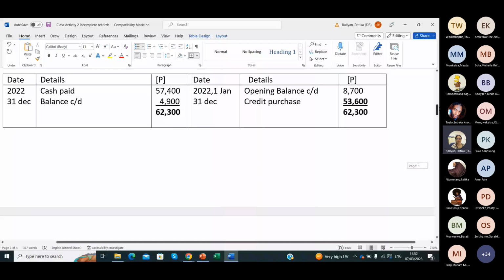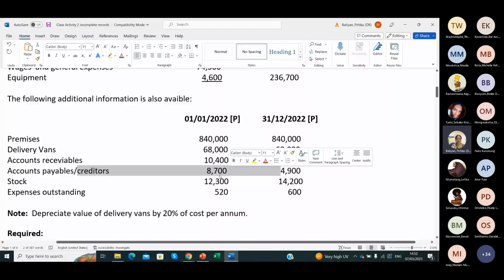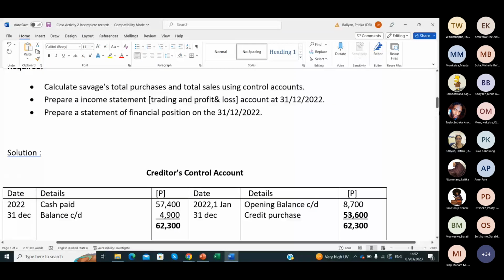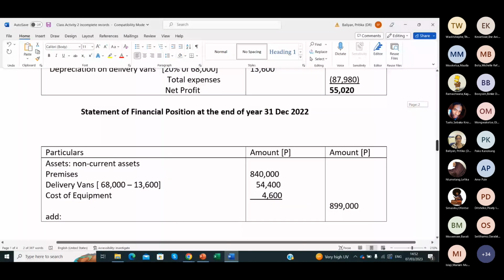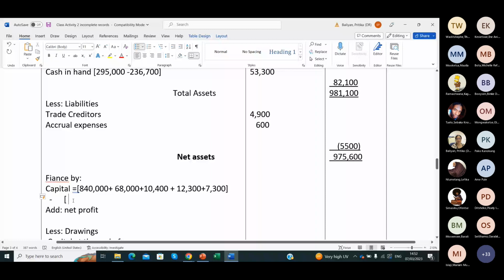So you have two liabilities at the beginning of the year, account creditors or accounts payable for 8,700 and 520. So we subtract 8,700 and 520.